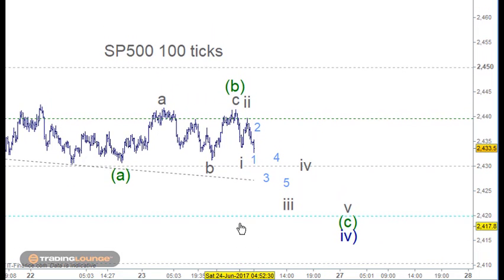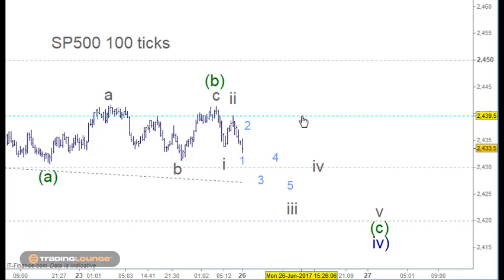So we're pretty much heading downwards here. I've got this little green line here that if that 24.40 is breached here, then you can go long from that point. But as soon as this low here gets taken out, it invalidates that being wave 1 here.